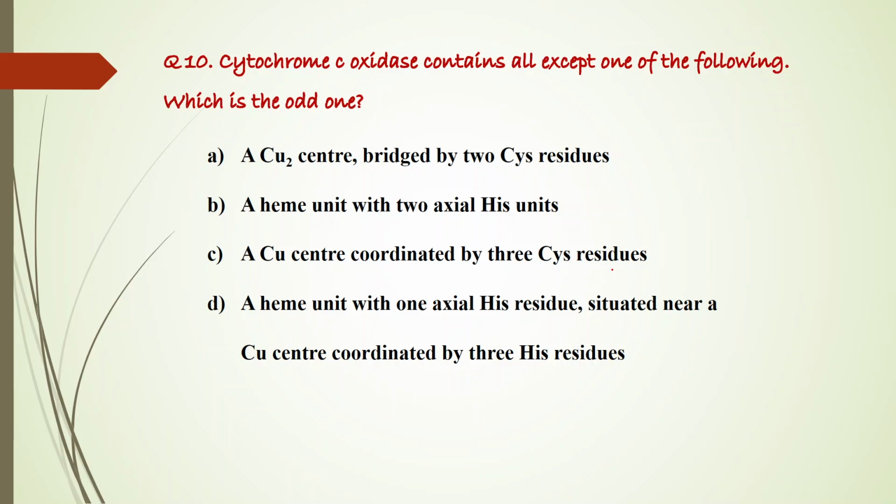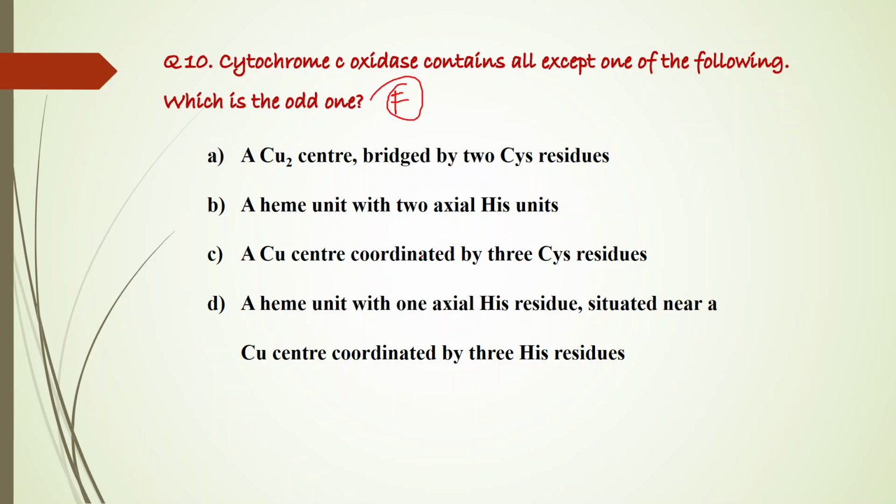It says cytochrome C oxidase contains all except one of the following. Which is the odd one? So there are 4 statements. They are saying out of these 4 statements, only one is the odd one. That means one is an incorrect statement. So you have to basically identify among the 4 which one is the false statement.